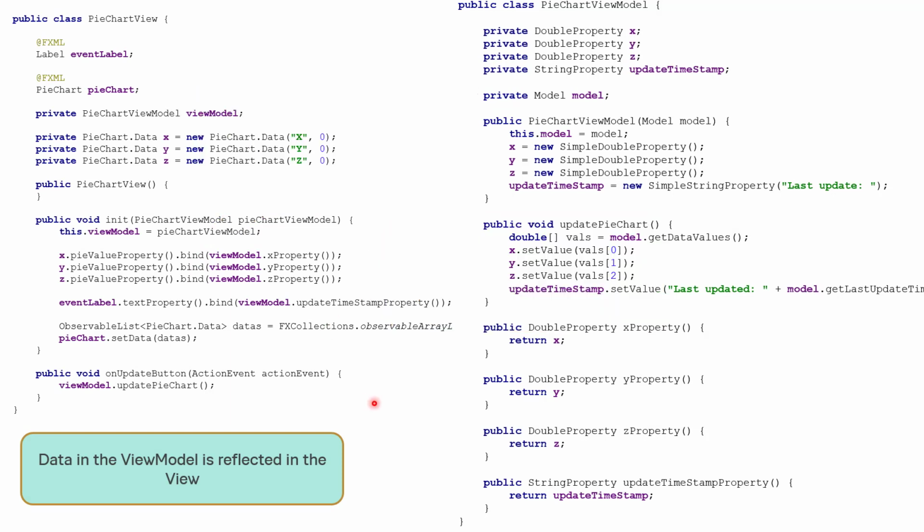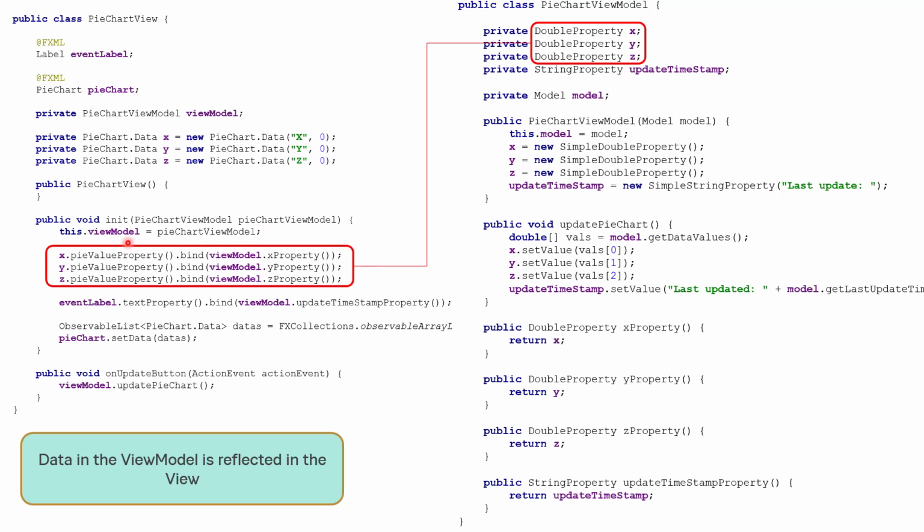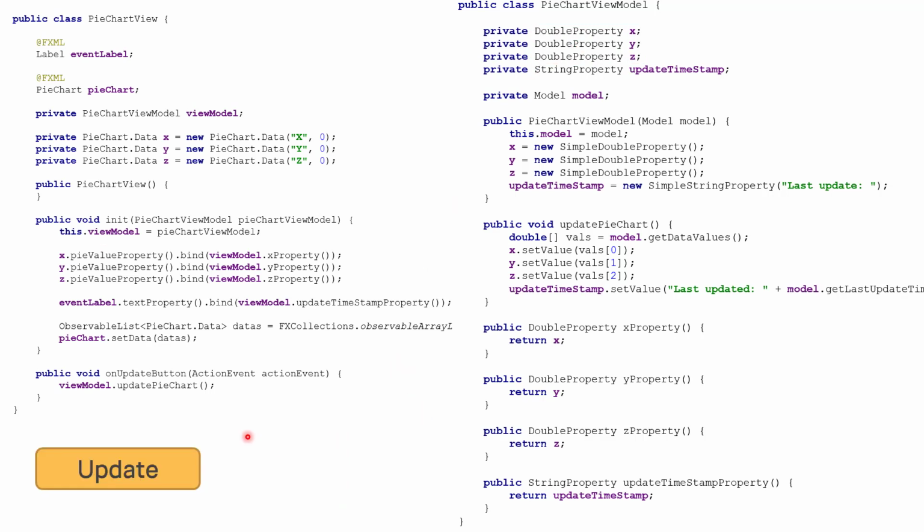So I have the bindings, right? I bind values in my view together with, in my view controller together with values in my view model. I bind properties together, and the properties contain values. So I had the update button in my view, and whenever I click that update button, I would see that I got the latest data.